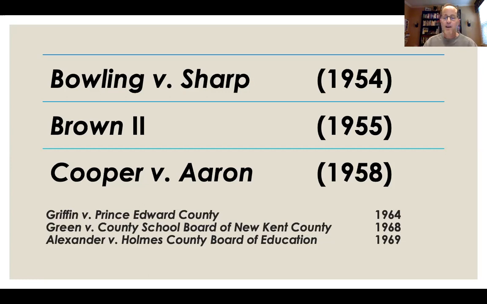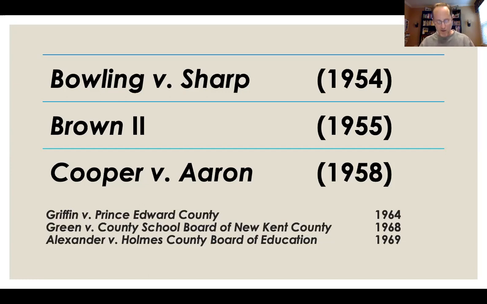In the case of Green in 1968, the Supreme Court uses this famous phrase that they need to root and branch segregation from American public schooling. Sadly, by 1964, 10 years after Brown, only 2% of young African Americans attended integrated schools. So they were pushing for ways to say you need to pick up the pace.